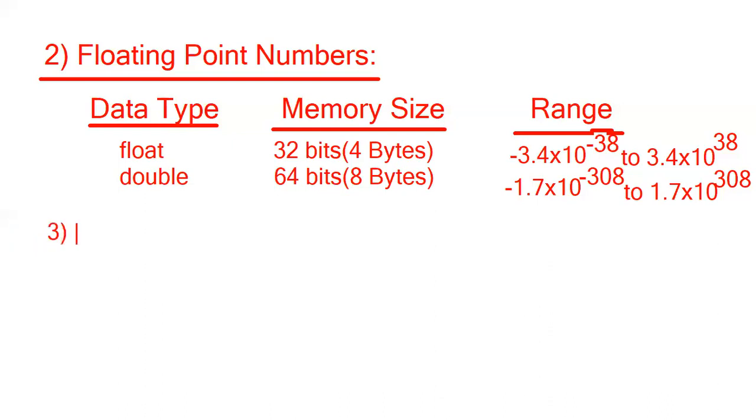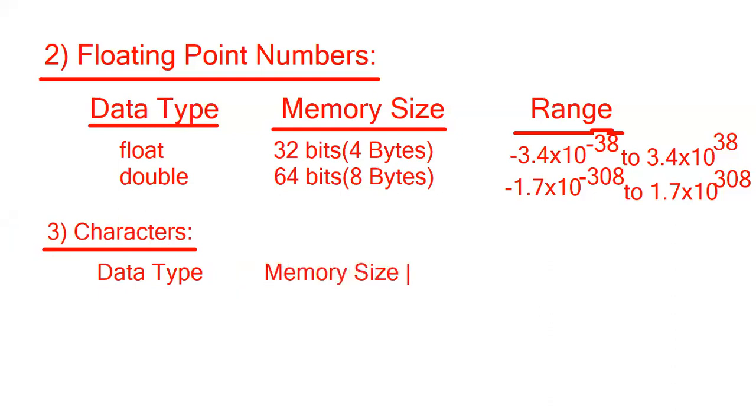Third category, characters. Data type, memory size, range. Here, just one data type, char.